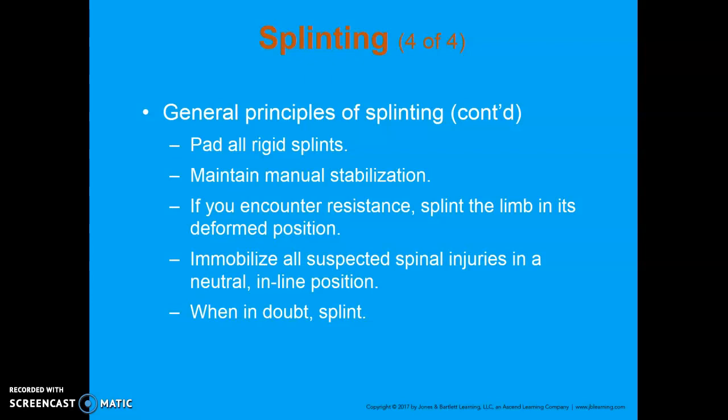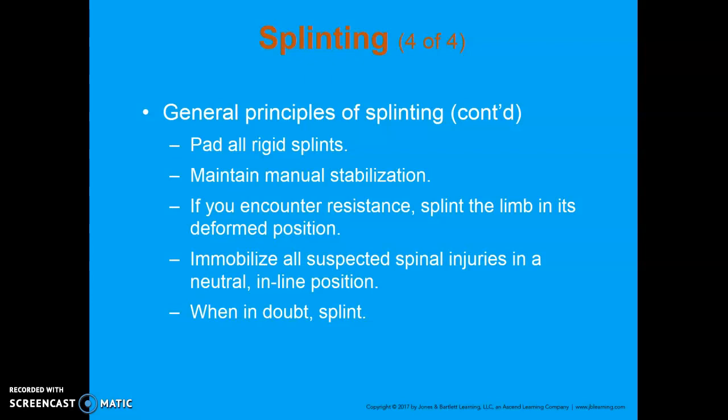You want to maintain manual stabilization of the injured extremity so you can minimize movement. If the fracture is in a long bone and it's resulted in pretty severe deformity, you can use constant, gentle manual traction to align the limb so it can be splinted.